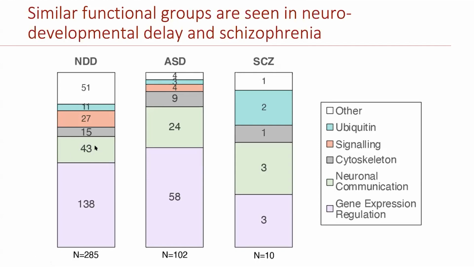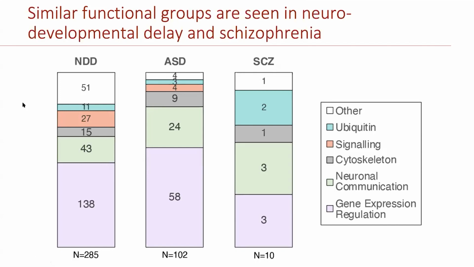It's a large part of neurodevelopmental delay, big part of autism, and maybe even bigger part of schizophrenia if that trend continues. Similarly, the cytoskeleton pattern is there. And when we look at this scale, when we've got hundreds of genes to work with, we also see a fairly large contribution coming from signaling and a fairly large contribution coming from ubiquitin, which is maybe not a surprise given the Angelman group.